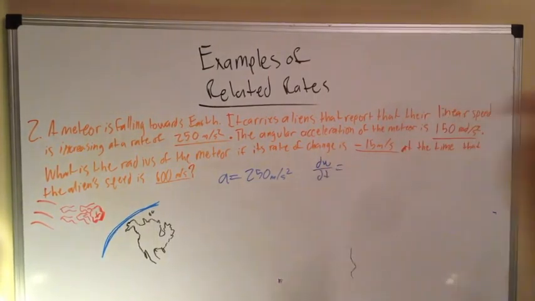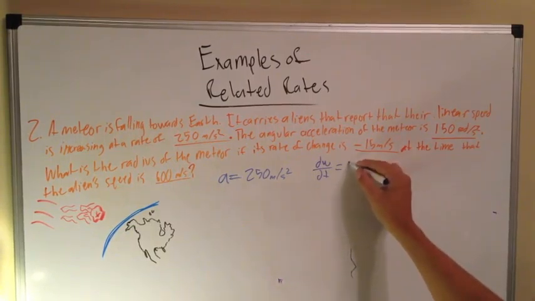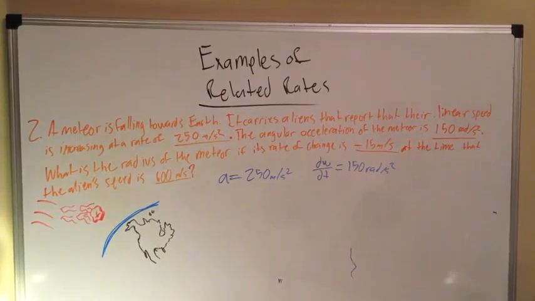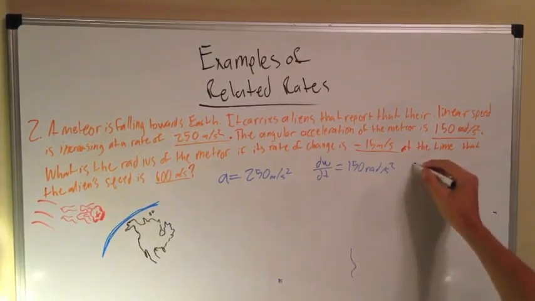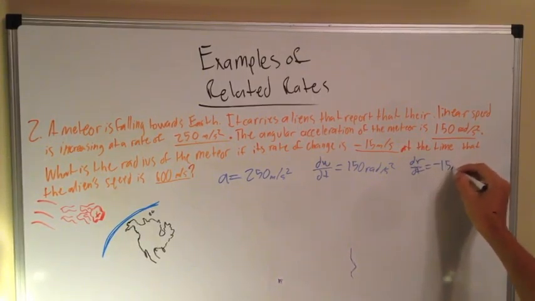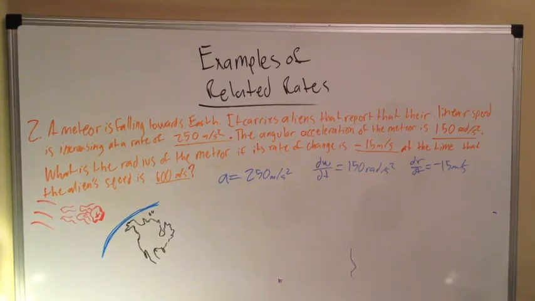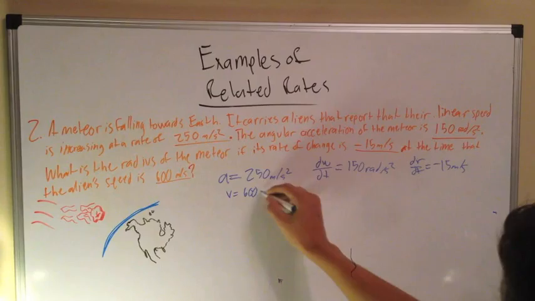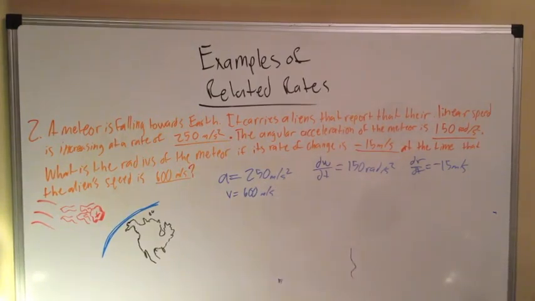I don't know the symbol for angular acceleration, so dw/dt will do. We also know that the rate of change of the radius of the meteor is negative 15 meters per second. And the alien's linear speed is 600 meters per second.